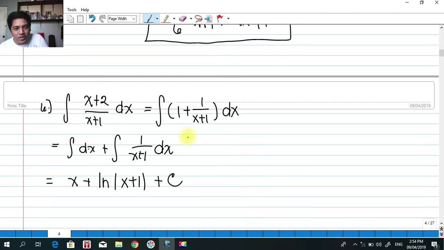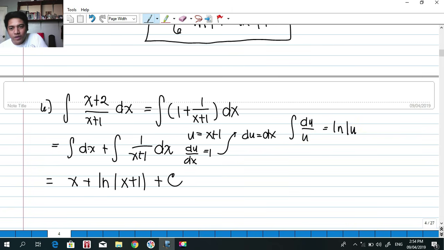As you can see, if we let u be x plus 1, and we have du over dx, we get 1. Cross multiplying, du is simply equal to dx, and substituting, the integral of du over u is ln of the absolute value of u plus c, wherein u is simply x plus 1. Hence, this is our answer.